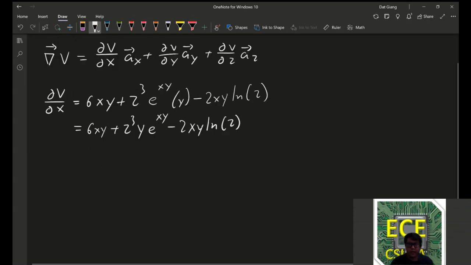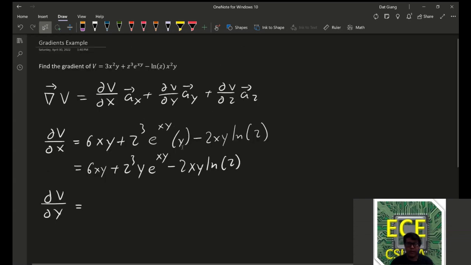Next, we're going to compute in the y direction. As given before, we now compute the partial derivative in the y direction. So in this case, we have 3x squared plus, so instead of treating x as the variable, we're treating y as the variable.